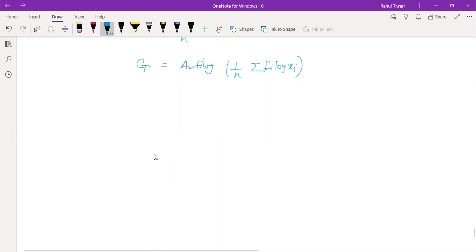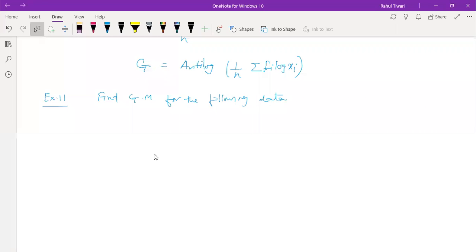So example number 11. Find GM for the following data. So we have X, we have F. Let's say X is 20, 22, 24, 26, 28, and F is 5, 15, 20, 8, 2.